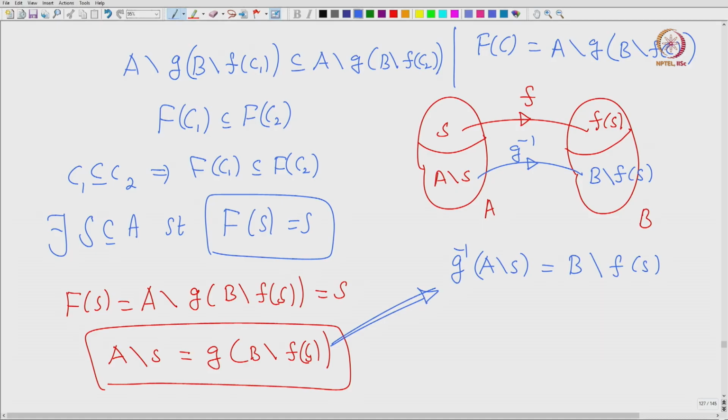So, this actually suggests what should be the bijective correspondence. If we focus on this S part, then the S part should be mapped to f of S part using f, and then the complement of that, which is A difference S, should be mapped to B difference f of S using G inverse. So, then it is clear what should be the function that we are interested in defining.